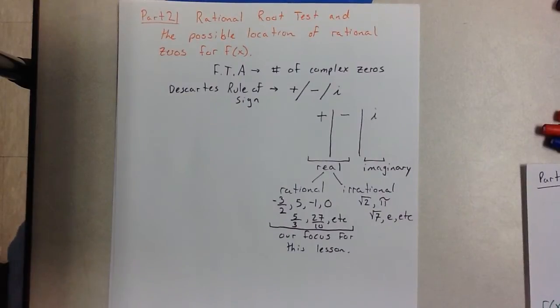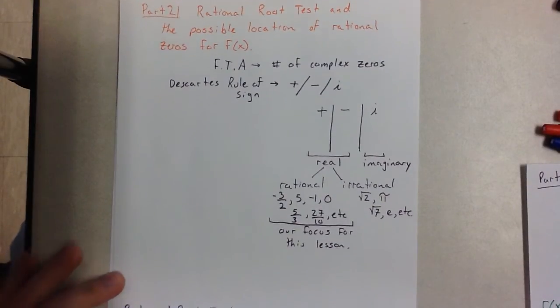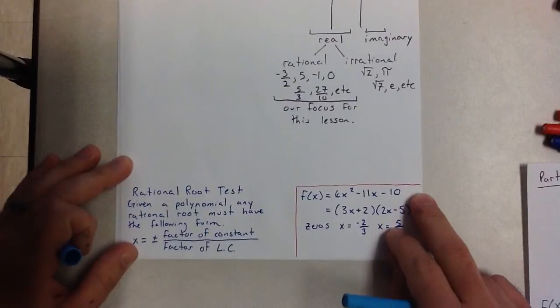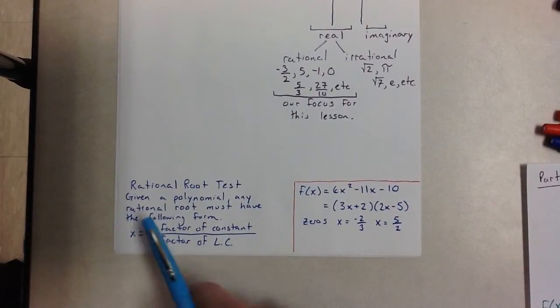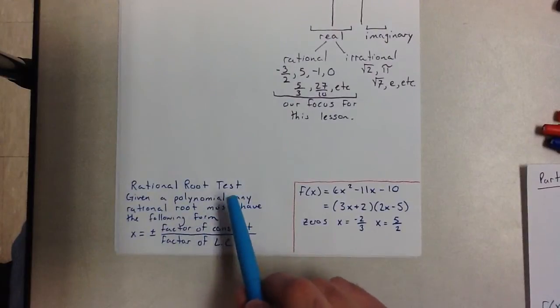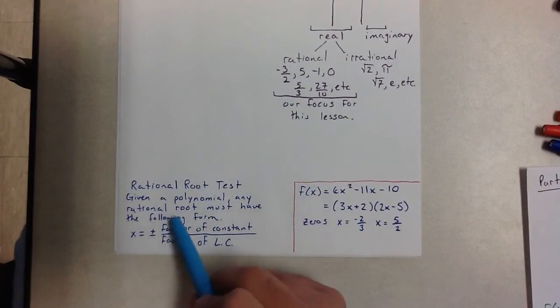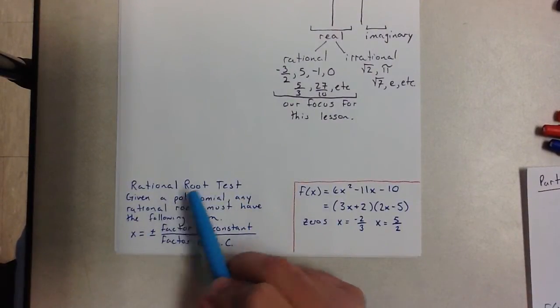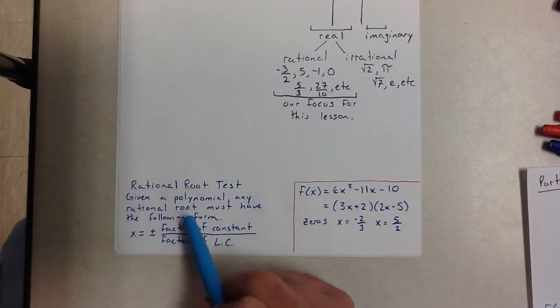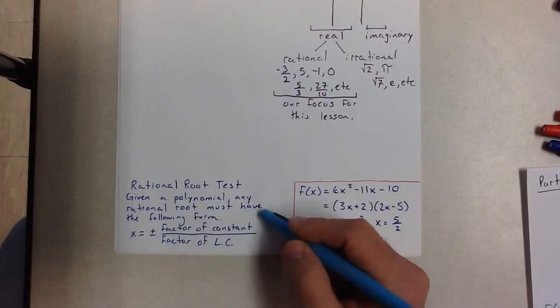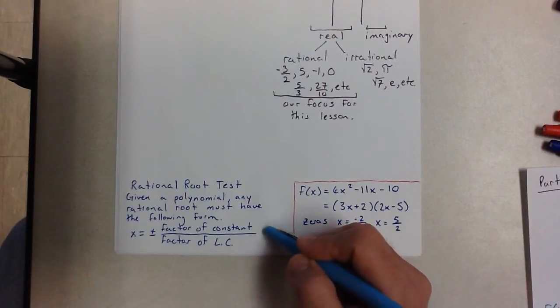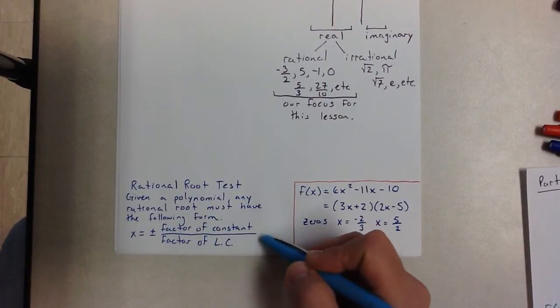This test is the rational root test. And what it says is, given any polynomial, any rational root, remember this is a root that can be written as a fraction, any rational root must have the following form. And I believe we've seen this before in Algebra 2, so we're seeing it again here.